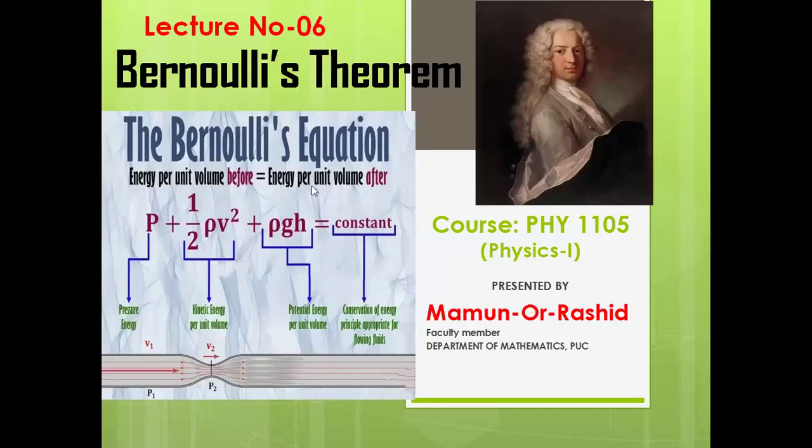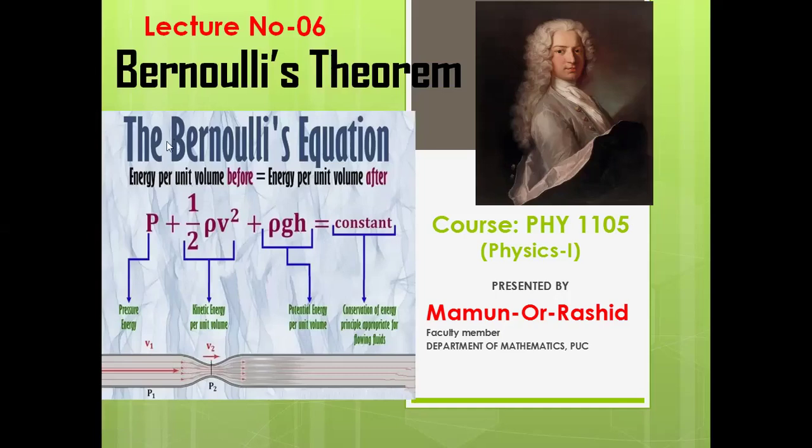That means the energy per unit volume before equals the energy per unit volume after. For a pipeline, there will be velocity v1 and pressure P1, and velocity v2 and pressure P2. So we can calculate the pressure energy plus kinetic energy per unit volume plus potential energy per unit volume will be constant for any fluid.